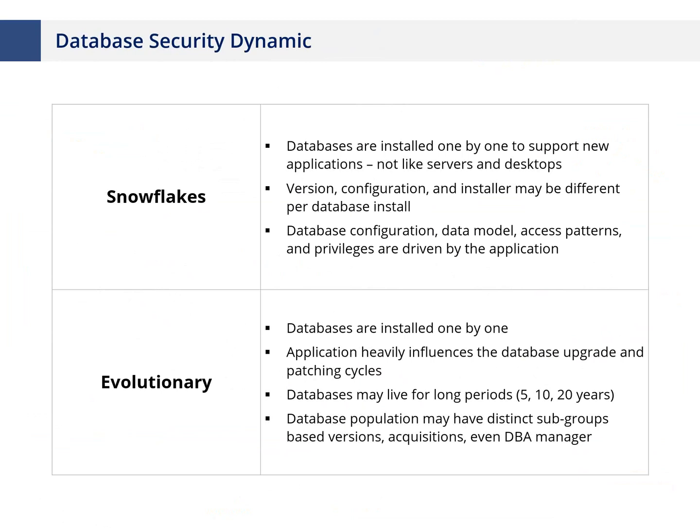So they are different enough from each other, whereas in the server and desktop world, very seldom do I have a wide variation between desktops. When I had Windows 7, the organization went out and said, we're going to deploy Windows 10, and we have a gold copy of Windows 10, and we're going to blast out Windows 10 to our 1,000 desktops.